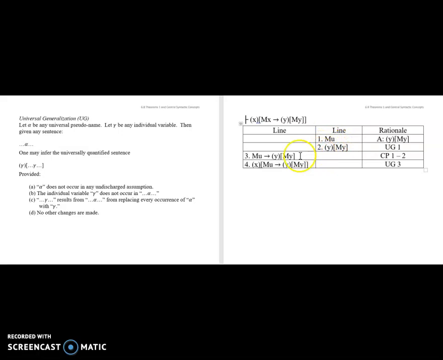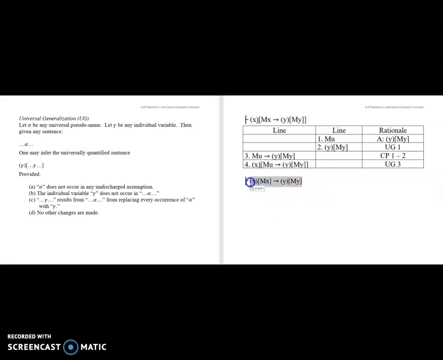And so proviso A here prevents you from being able to universally generalize. This is an incorrect use of universal generalization, and that's why we have this proviso. That explains why although this might look like a theorem to you, it is in fact not, because it is an incorrect use of universal generalization.